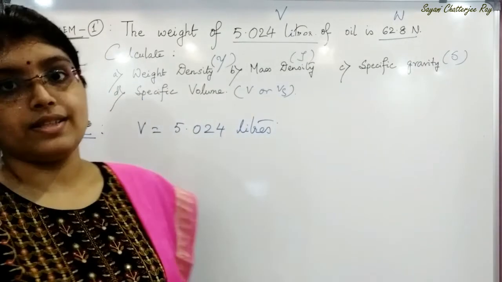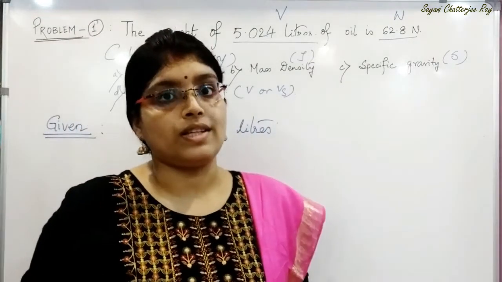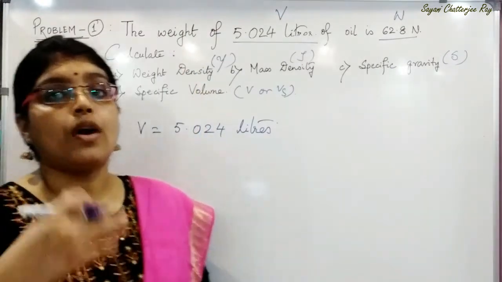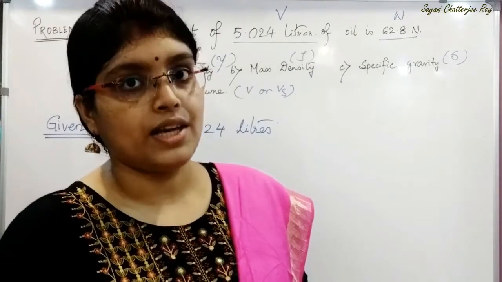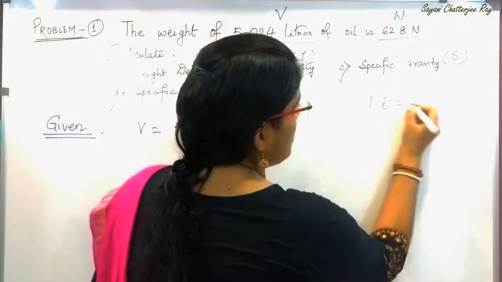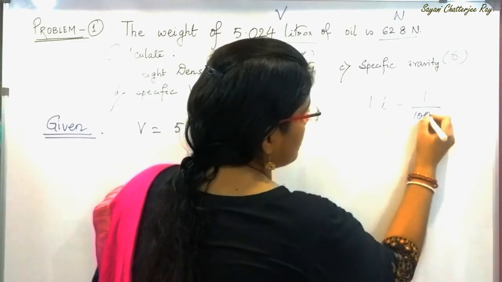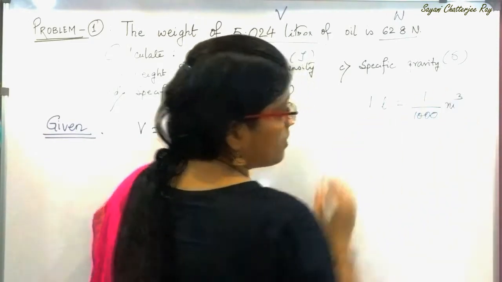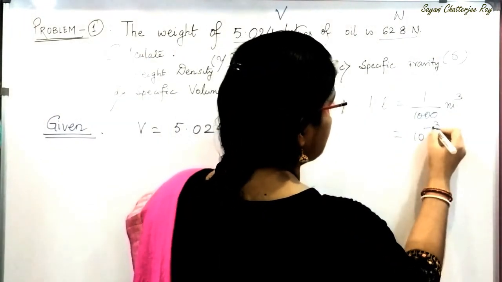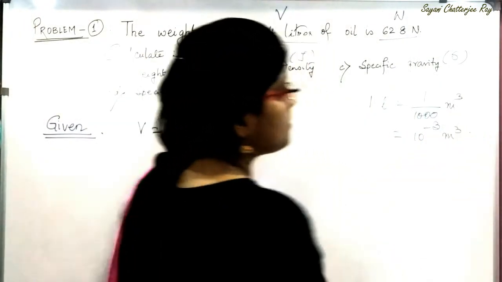Now my dear students, we all know that 1 liter equals 10 to the power minus 3 meter cube. To convert liter into meter cube, 1 liter equals 1 by 1000 meter cube, and 1 by 1000 means 10 to the power minus 3. Correct?